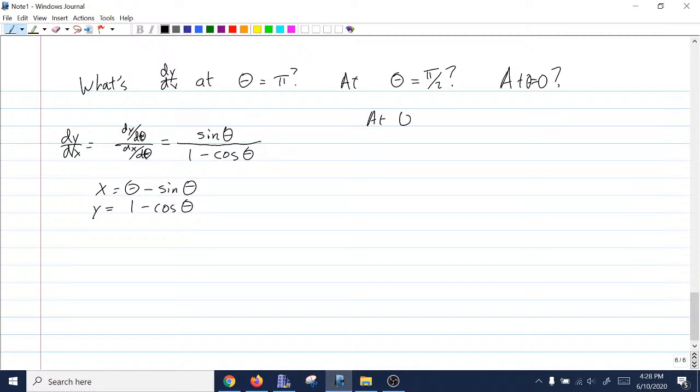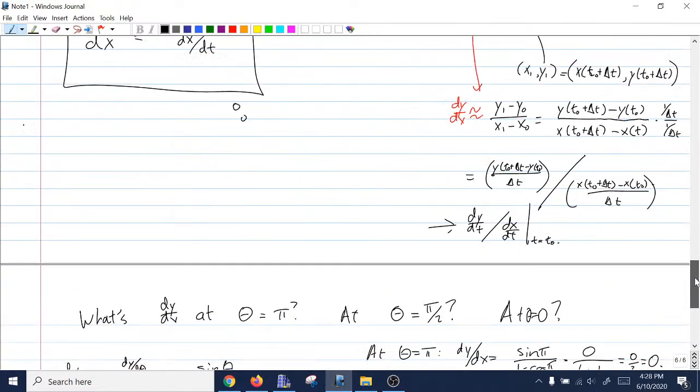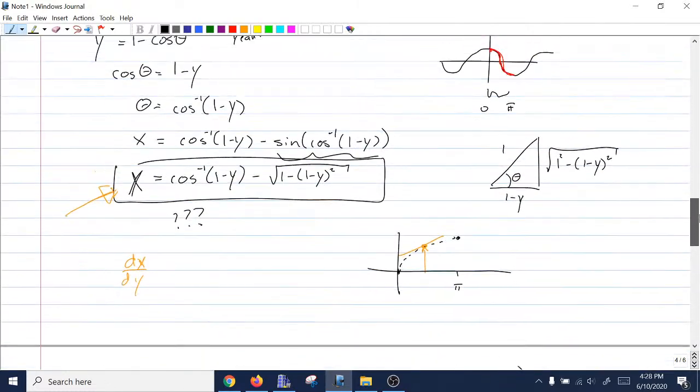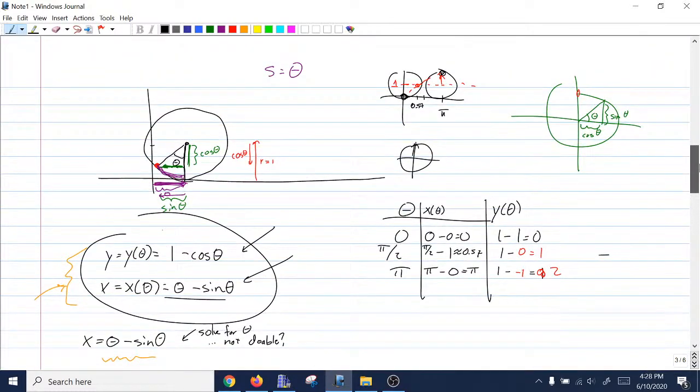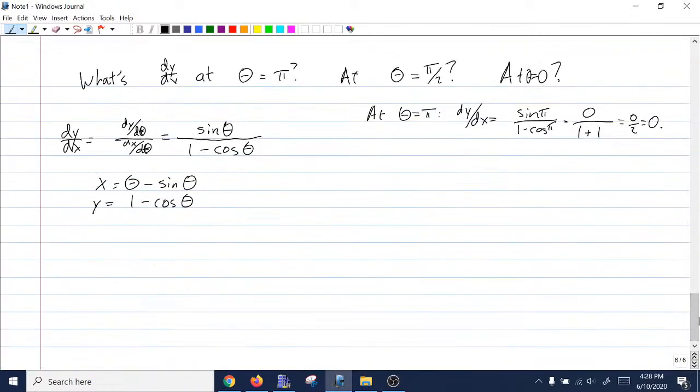At theta equals pi, I get dy dx is sine pi over 1 minus cosine pi. Sine pi is 0. 1 minus cosine pi is 1 minus negative 1, which is 2, so 0 over 2 is 0, which makes sense with my picture.